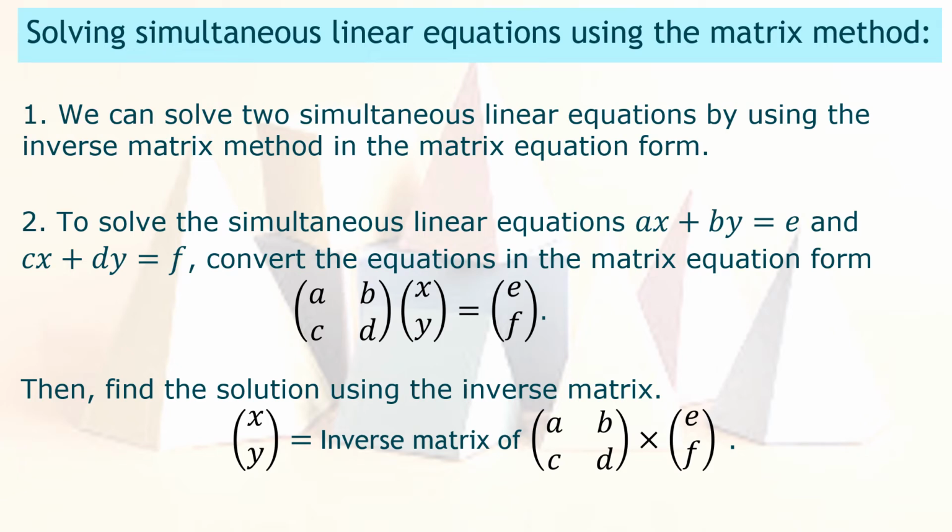Second, to solve the simultaneous linear equations ax + by = e and cx + dy = f, convert the equations into the matrix equation form [a b; c d] times [x; y] = [e; f]. Then find the solution using the inverse matrix: [x; y] equals the inverse matrix of [a b; c d] multiplied by [e; f].